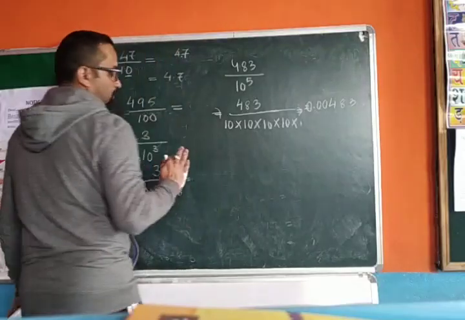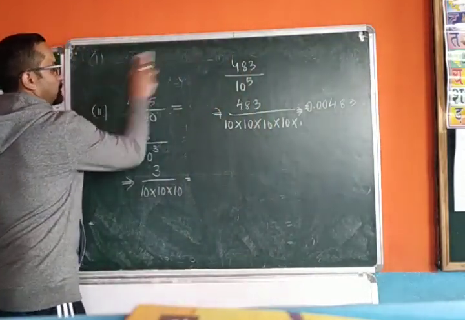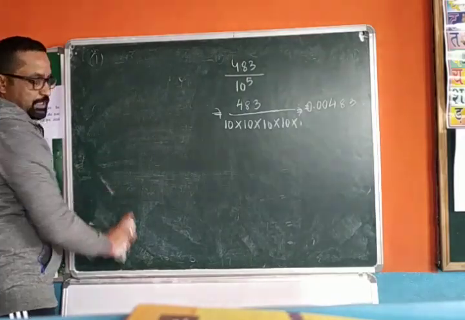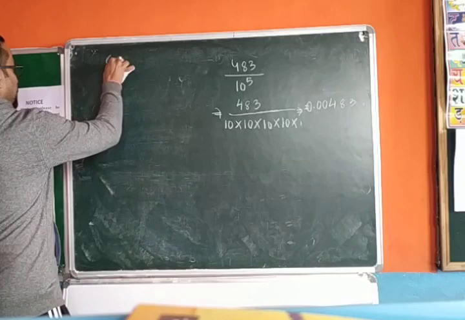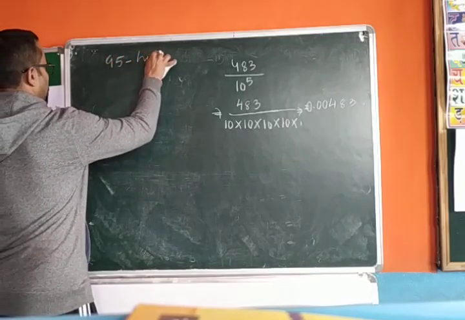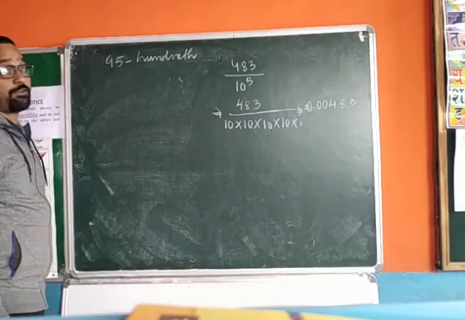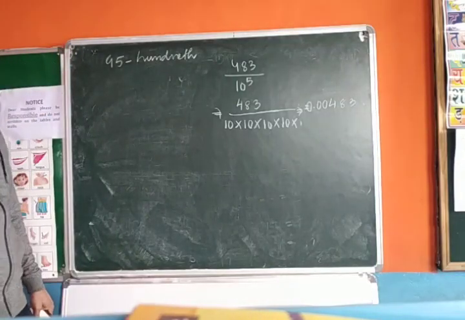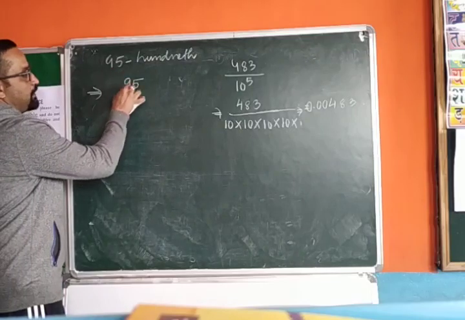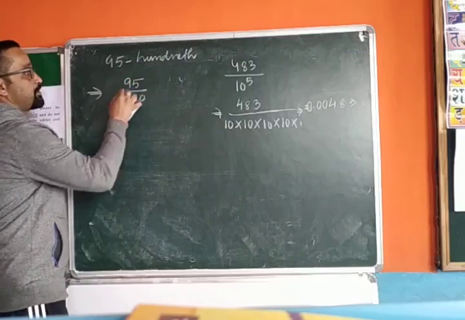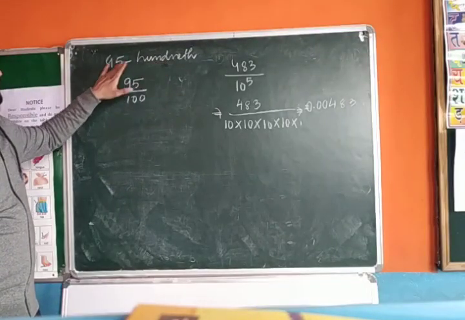Let's take the fifth example, that is 95 hundredth. 95 hundredth means that the given 95 is divided by 100. This is what hundredth means.